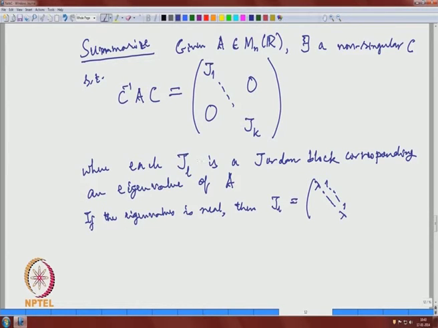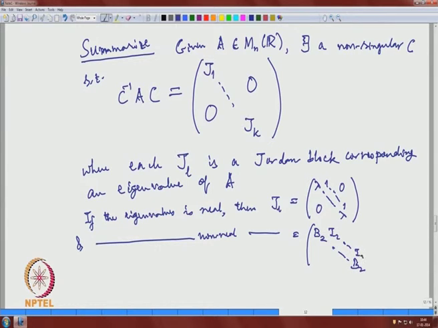Okay. So, this is not the only possibility, there will be several blocks, and if the eigenvalue is non-real, then this will be just B2, I2, I2. That is the only difference.